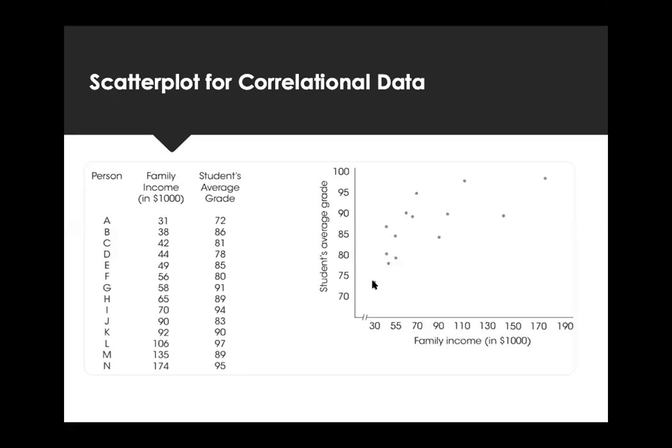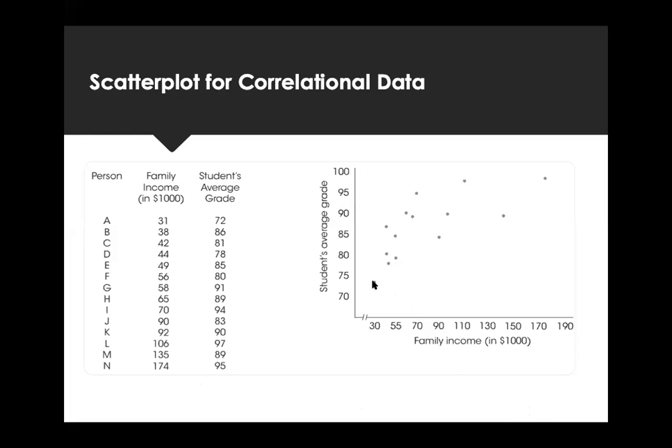So here is a scatter plot, and scatter plots are important for correlational data. This scatter plot and correlation is showing the relationship between family income, plotted here on the x-axis, and student grades, plotted on the y-axis. And here we have a sample of 14 high school students. The scores are listed in order from lowest to highest family income, and are shown in a scatter plot.